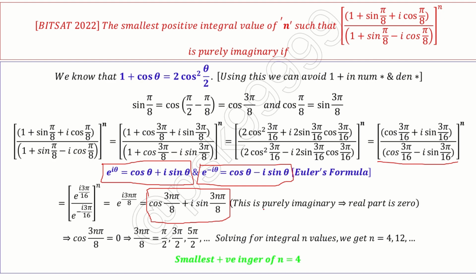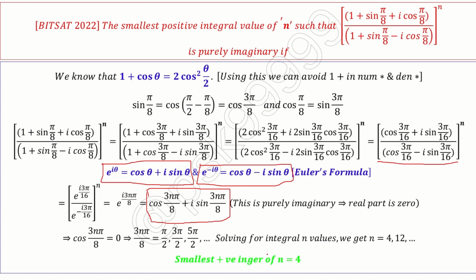Now, once you know this, it is given that this is purely imaginary. That means the real part is 0. So the real part is cos 3n pi divided by 8 equals 0. This is possible only if 3n pi by 8 equals pi by 2, 3 pi by 2, 5 pi by 2, and so on.